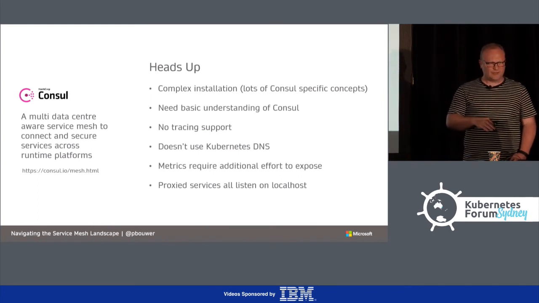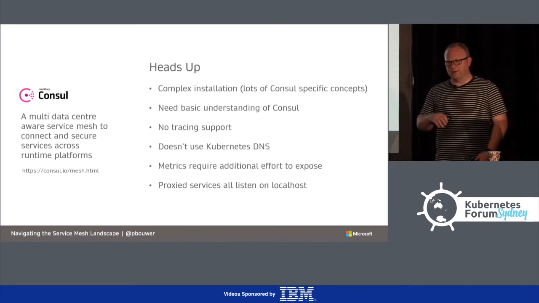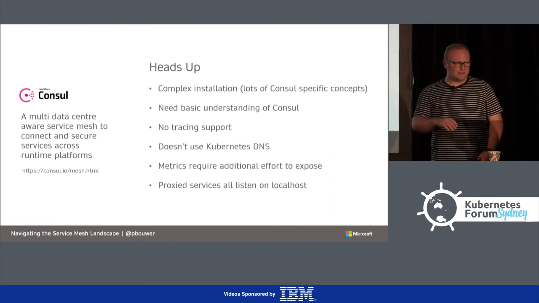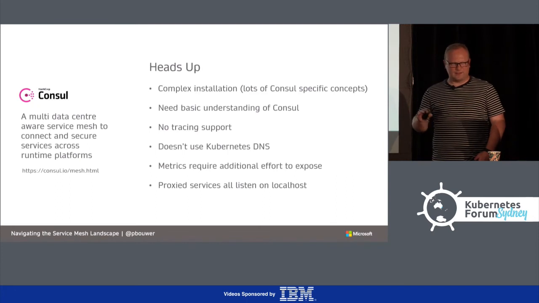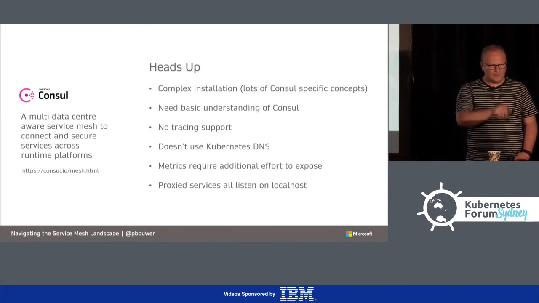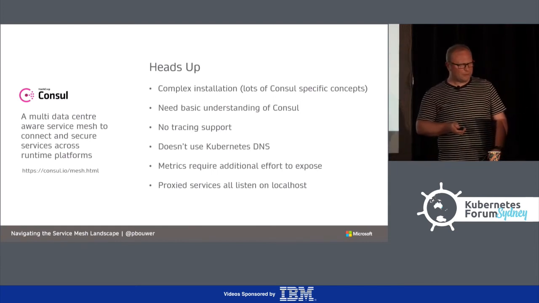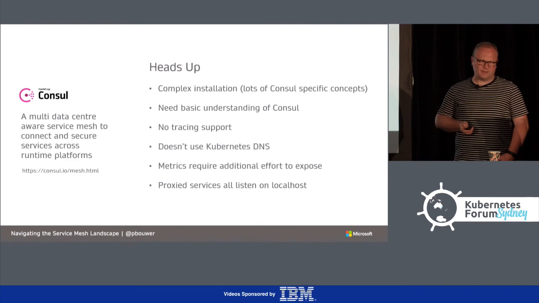It doesn't have tracing support, and unlike the other two, it doesn't use Kubernetes DNS. It runs its own concept of services, which is, again, something you'll need to become familiar with. The bottom bullet point there is also something that can take a bit of getting used to.